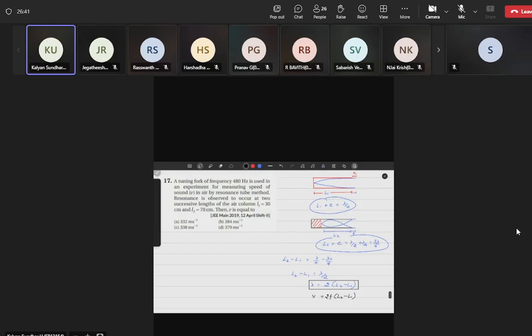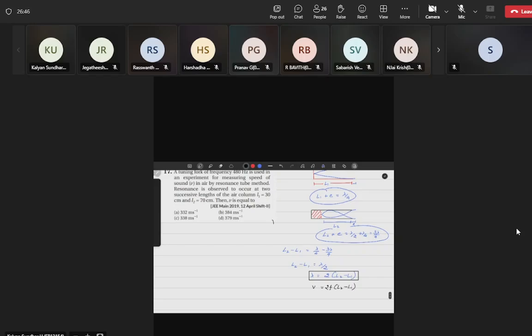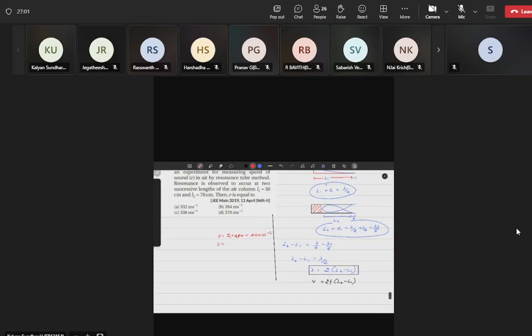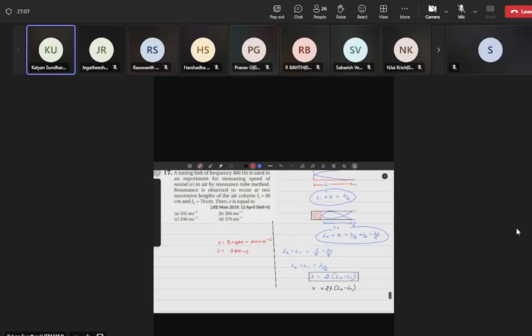L1 is there, L2 is there, frequency also they have given. So you will get it as 384 meter per second.